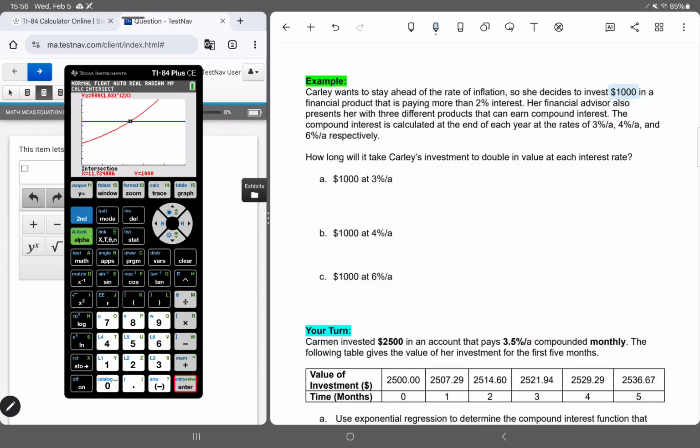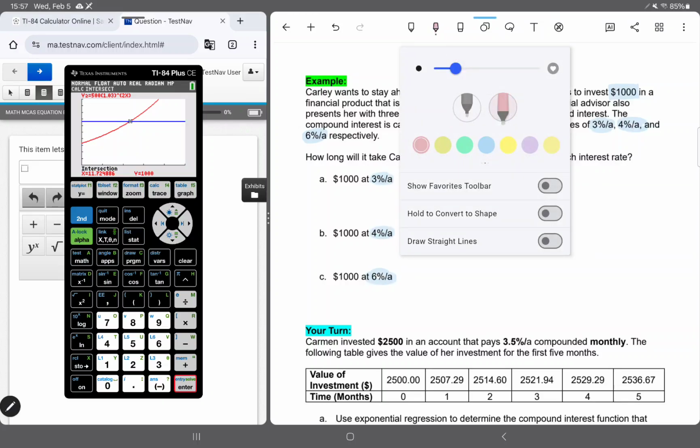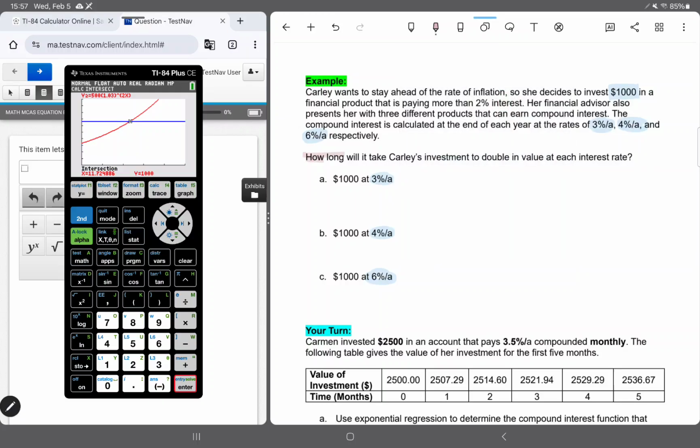The compound interest is calculated at the end of each year at the rates of 3%, 4%, and 6% respectively. So you can see that's what they have here. They want us to determine again how long will it take Carly's investment to double.